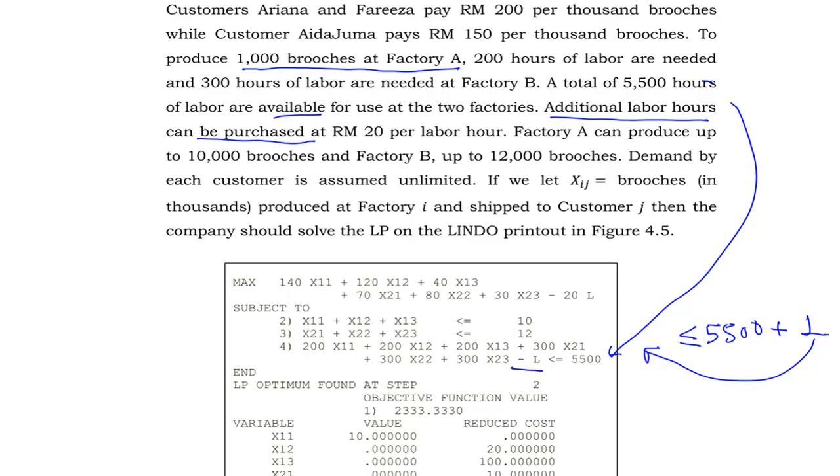So we move to the left hand side like this. So 200, 200, 200 for factory A, 300, 300, 300 for factory B, minus L less than or equals to 5,500 hours of labor.